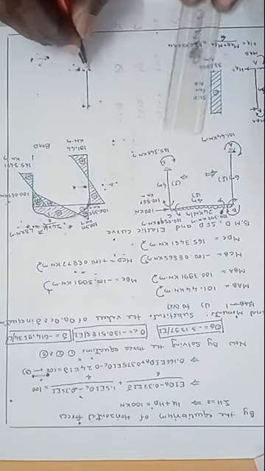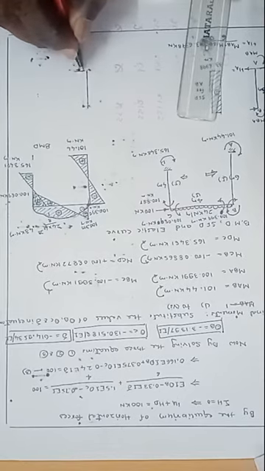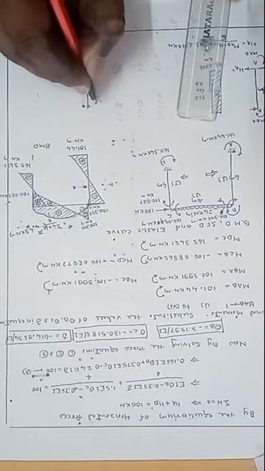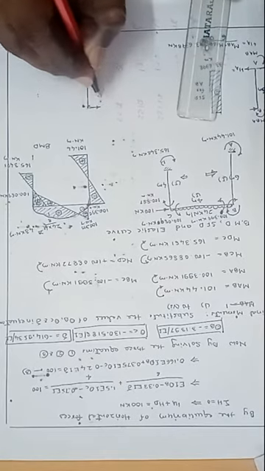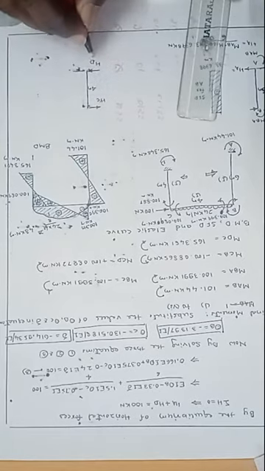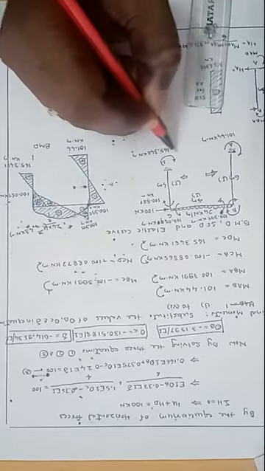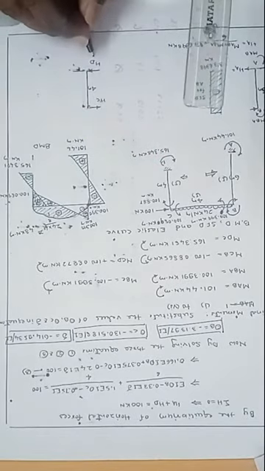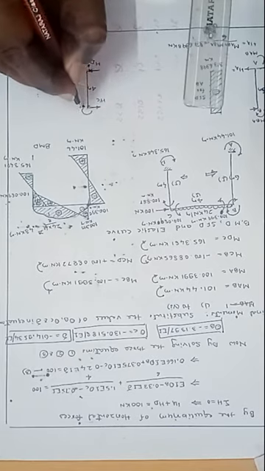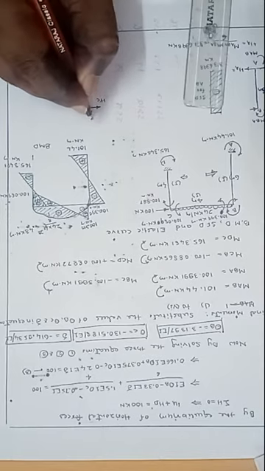Here this one is HD, then this one is HC. This distance is 4 meter. Then we have calculated both the moments as clockwise, this one is MDC, this one is MCD.